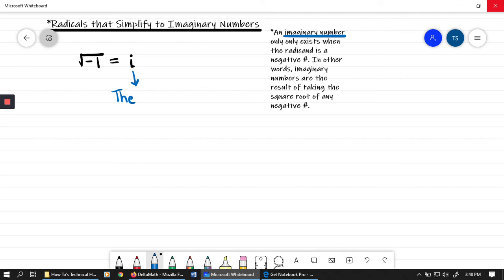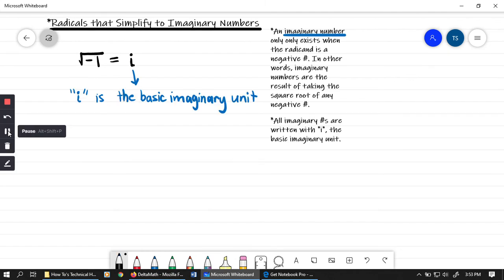Again, i is the basic imaginary unit, and this is the most basic concept in imaginary numbers. The square root of -1 is equal to i. All imaginary numbers are written with i.